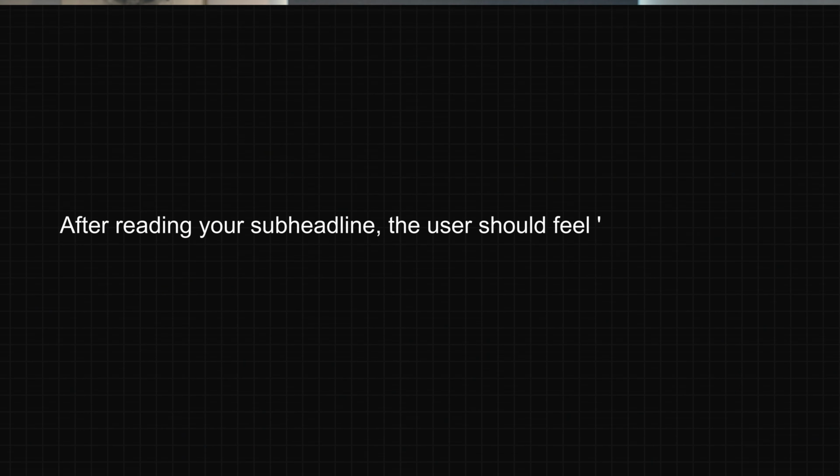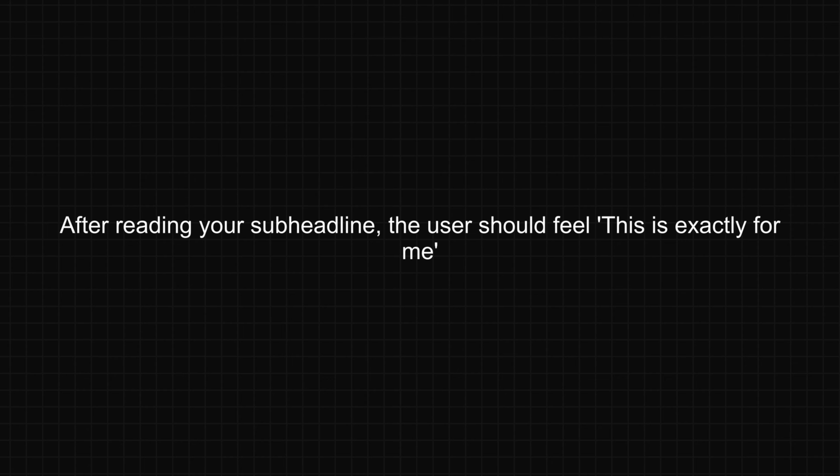That's because when people read the headline, they build a certain mental model in their head, and usually it's kind of far from reality. This model is probably wrong, and the subheadline exists here to correct it. After reading your subheadline, the user should feel that this is exactly for me, not like this might be for me. The very important thing here is that it should also describe the moment before your product becomes necessary, because this is what makes it powerful.